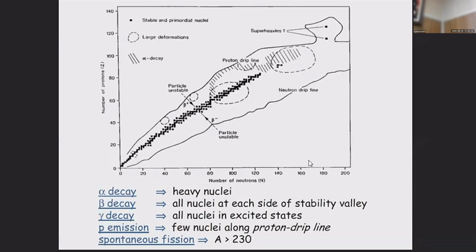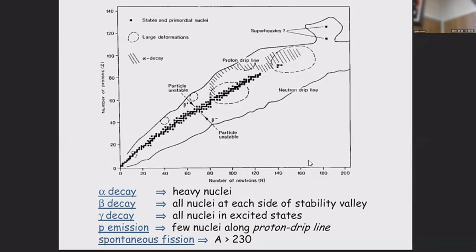Now, in this part where the proton number exceeds, because of the Coulomb force between protons, there are alpha decays here at the proton drip line, and also these are really deformed nuclei, either oblate or prolate, and they have rotational and vibrational energies.